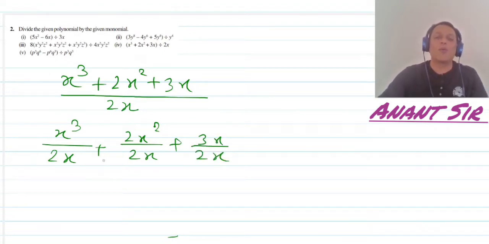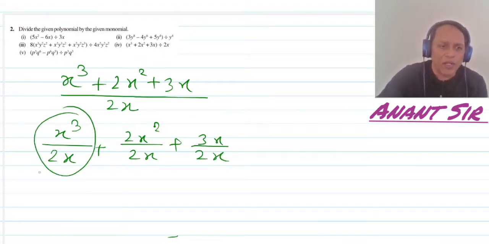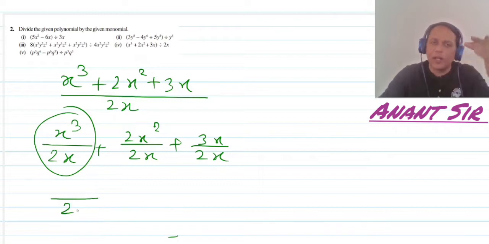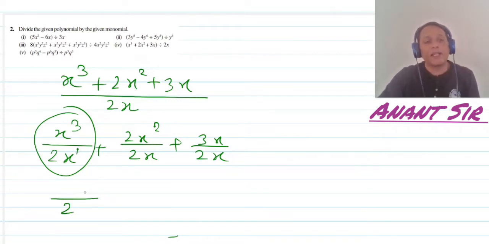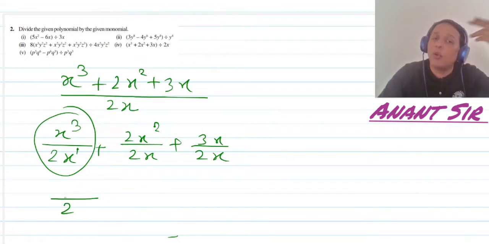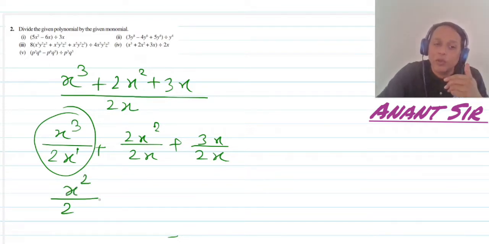So now we'll solve one by one. So first term, there is only one number in the denominator, 2. We cannot simplify that, right? So 2 will remain as it is. There are 3x in the numerator, 1x in the denominator. So 1x will get cancelled. 2x are more in the numerator. So it will be x square in the numerator.